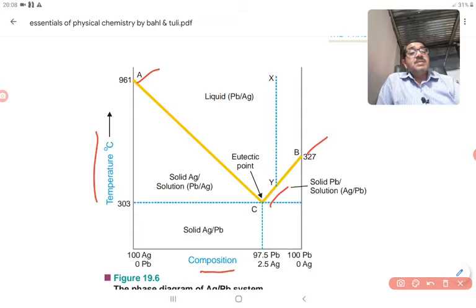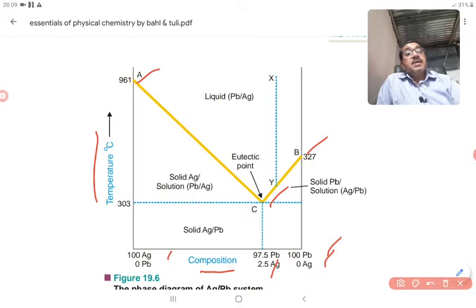Different temperatures are marked: 97.5, then 100% silver, 0% lead, 97.5% lead, 2.5% silver, 100% lead, 0% silver, and the different curves are shown here.